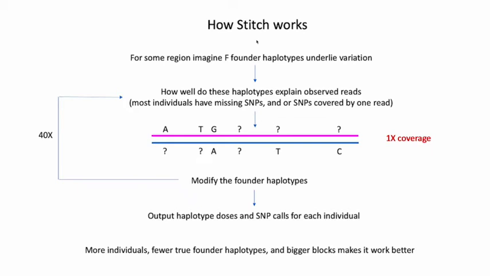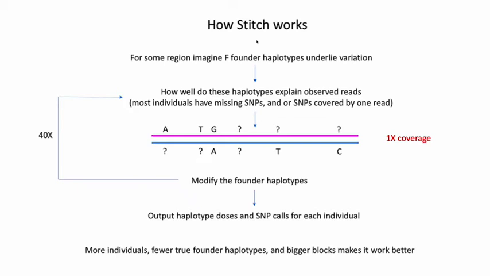The data from an individual probably looks like what we're seeing here with this purple and this blue, where some SNPs are missing because it's 1x data. Most individuals are just going to get one SNP or one allele, and of course we don't know phase.